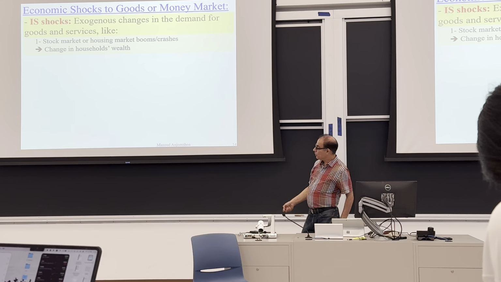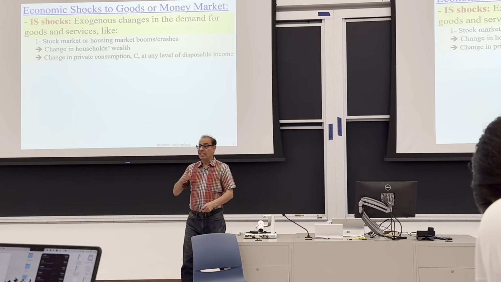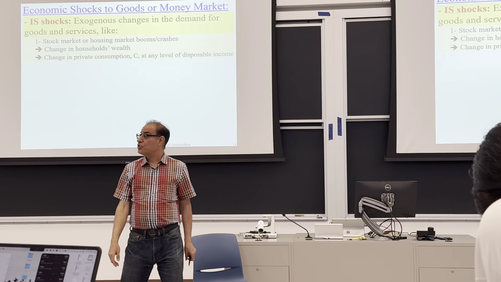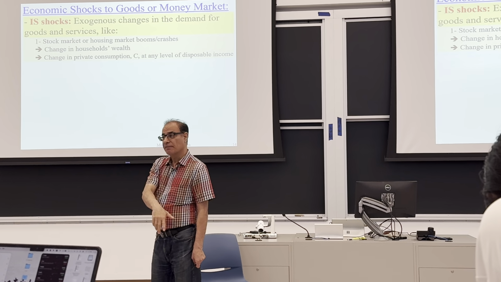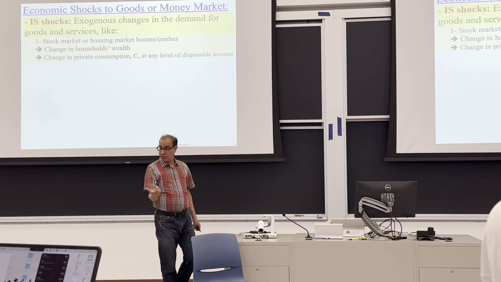So you see, change in household wealth shifts the consumption function and shifts what? IS. Okay. This is a shock.